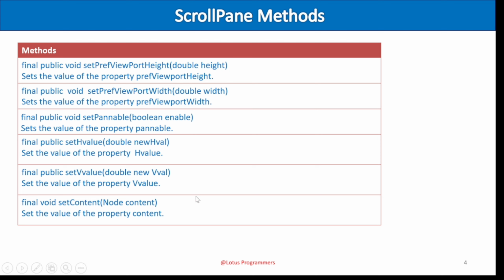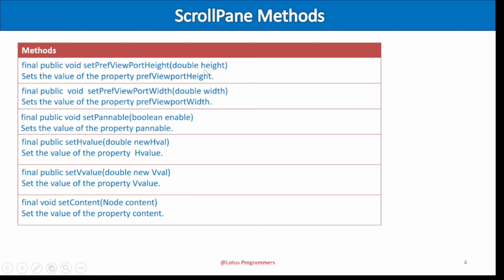These methods are very important for setting different properties of the scroll pane. Suppose in order to define the complete visibility, height as well as width of the entire viewport. The viewport is nothing but the size of the component, how it is displayed on the JavaFX scene.